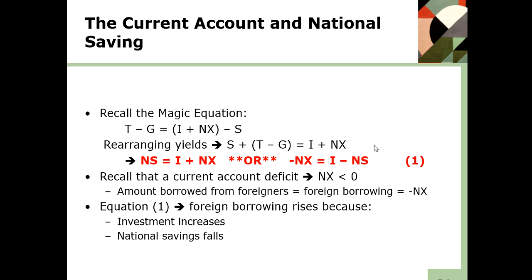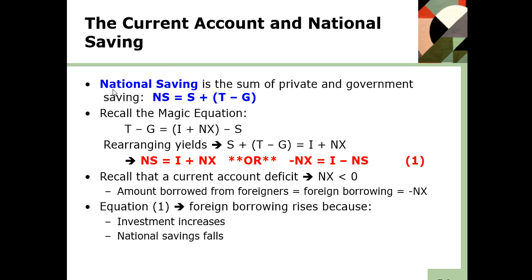Now, current account and national account. The national saving is a sum of private and public savings. This is private savings and this is government saving. If this becomes positive, that is government revenue minus government expenditures.